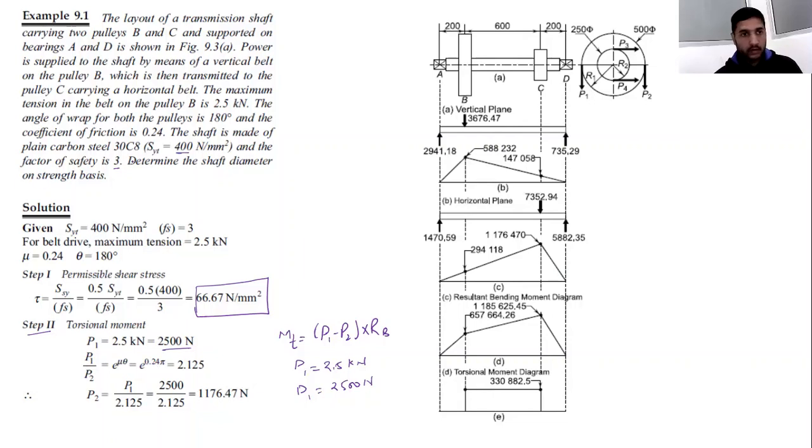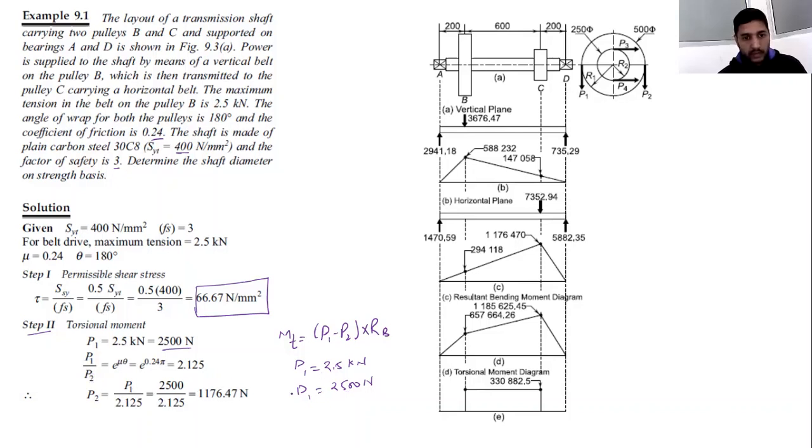It is already given here, 0.24, and pi. When you calculate e raised to the power 0.24 pi on your calculator, you will get 2.125. So P1 by P2 is 2.125, and from here P2 will be equal to P1 divided by this value.